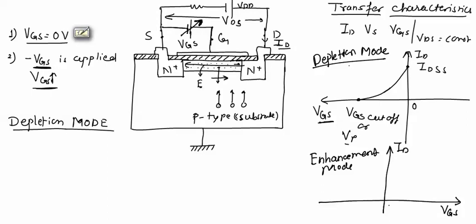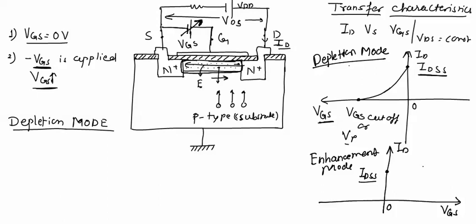So when VGS equal to 0 volt, again the charge carrier concentration will be same as it was in the case of depletion mode. So the same number of charge carriers will be moving from source to drain, and the drain current ID, in the last case we called it as IDSS, and in this case it will again be called as IDSS.